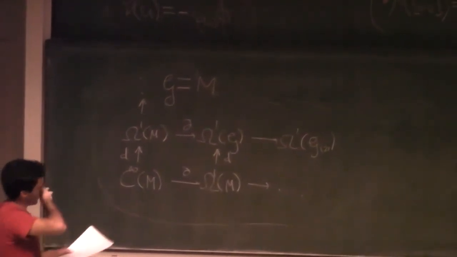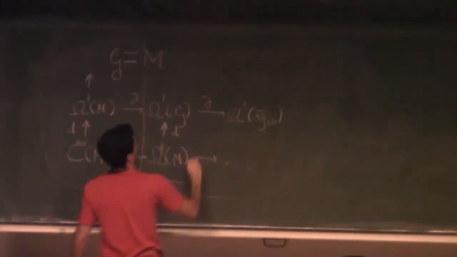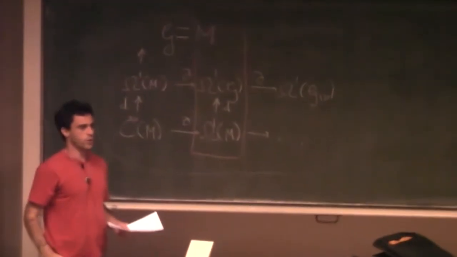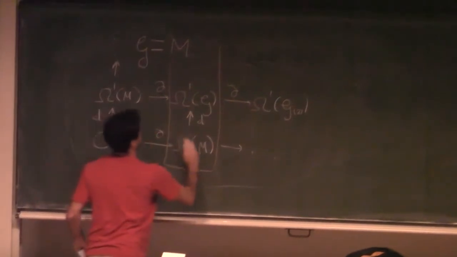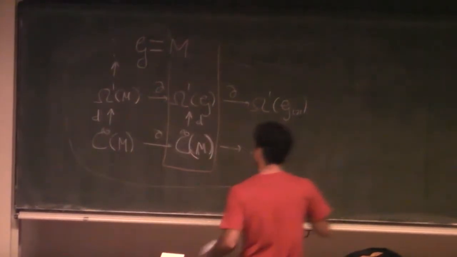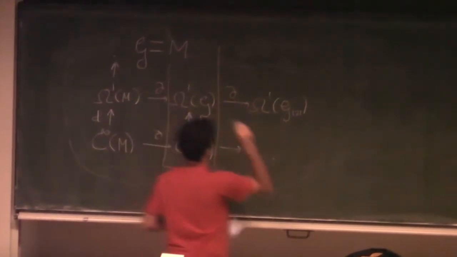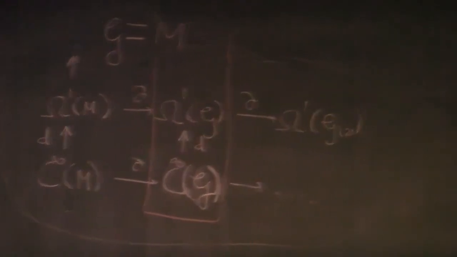And I just want to point out that if you look at the horizontal directions, at this differential here, and you concentrate on this column of differential forms on the groupoid, these are the formulas for these operators.